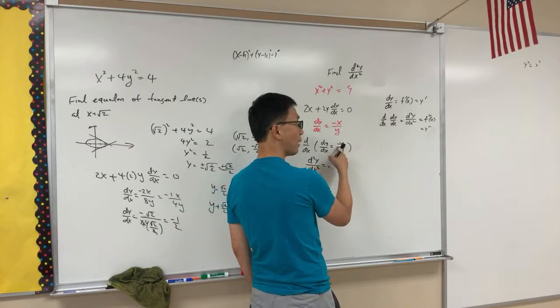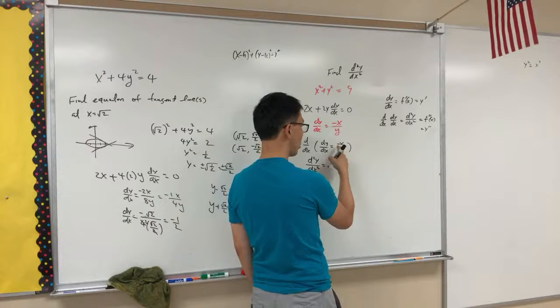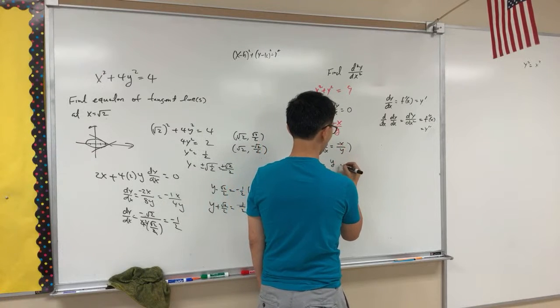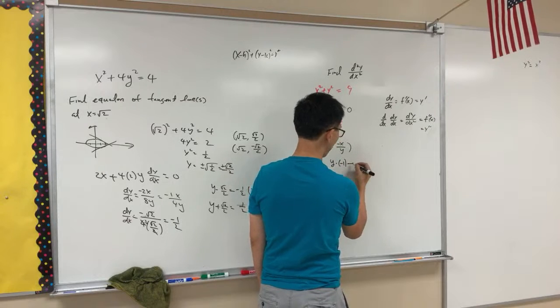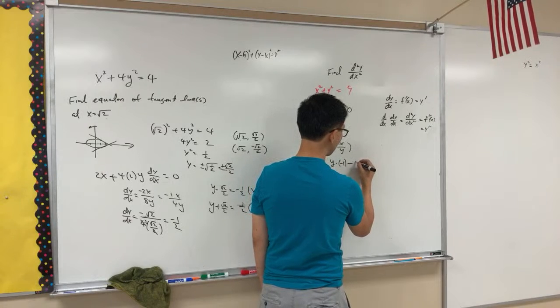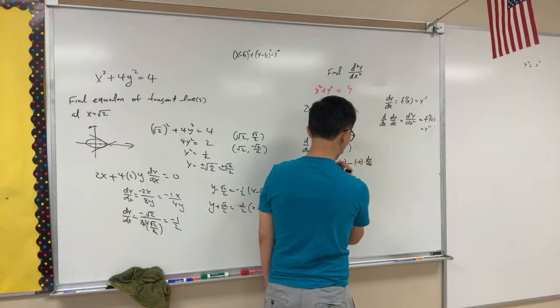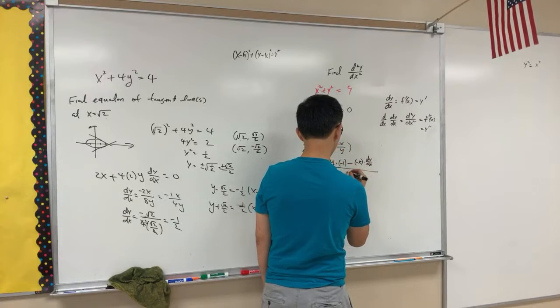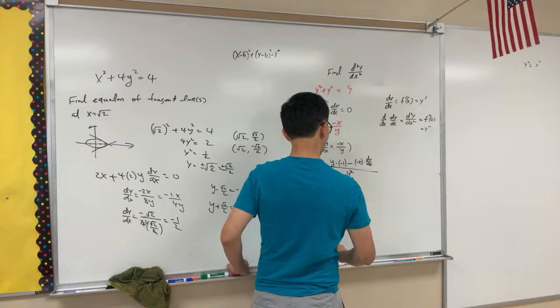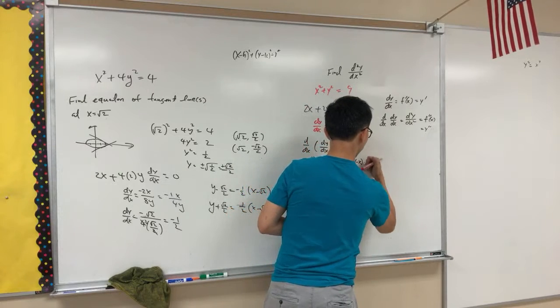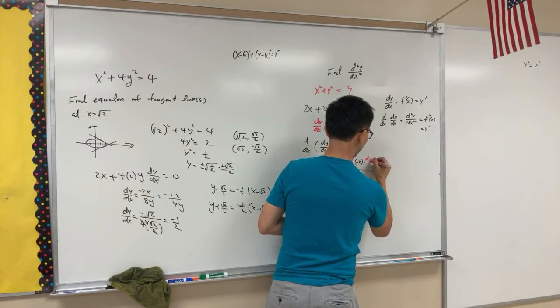Now I'm going to do what? Quotient rule. Low d high minus high d low. High is negative x. D low is dy dx, over low, which is y squared. Let me color code this. I'm really good at this now.